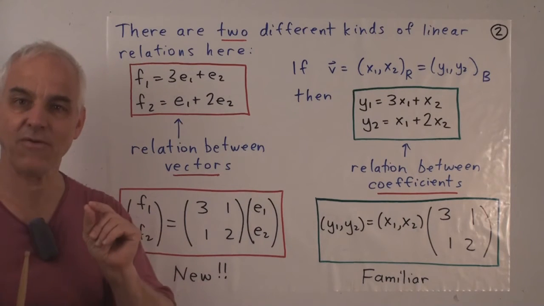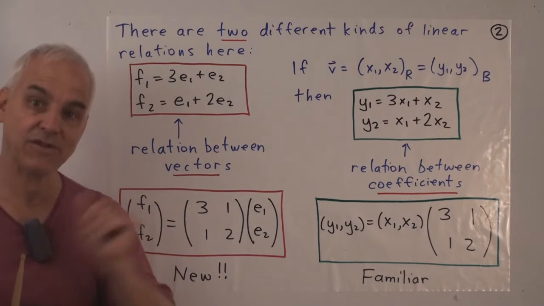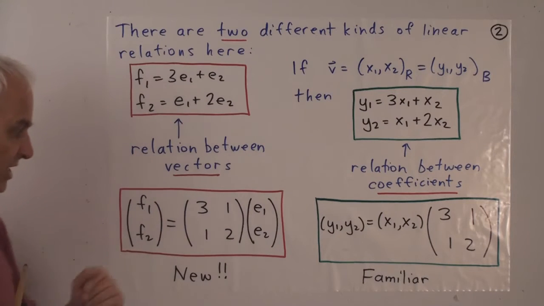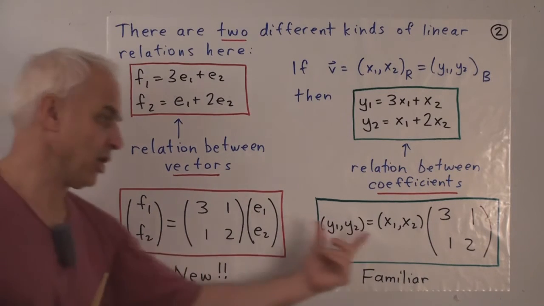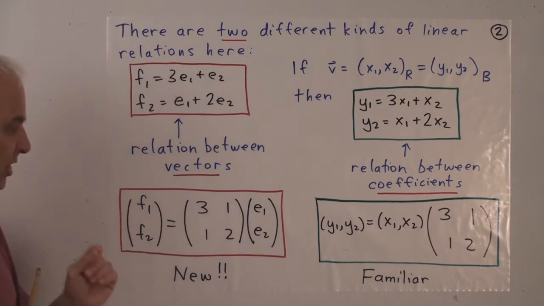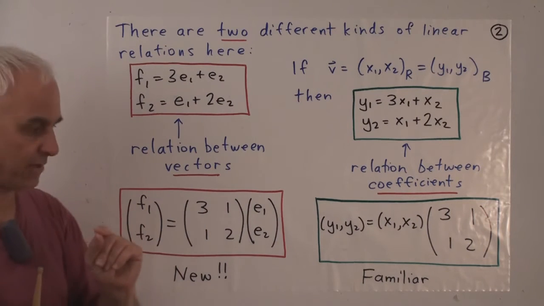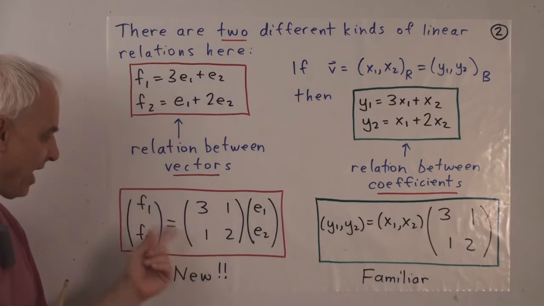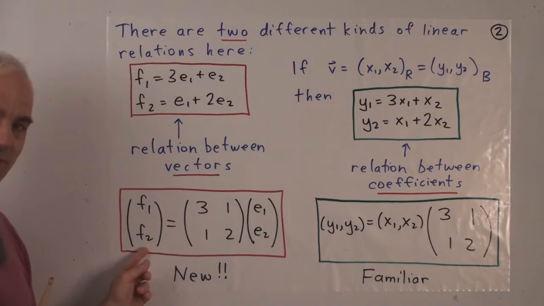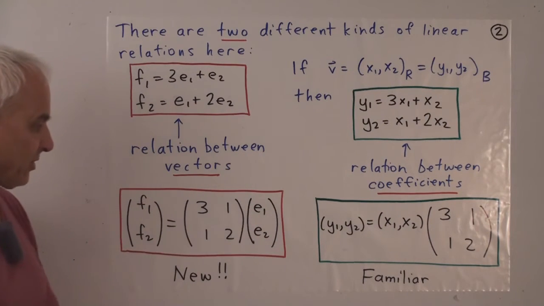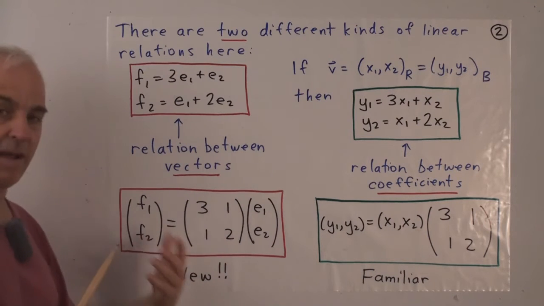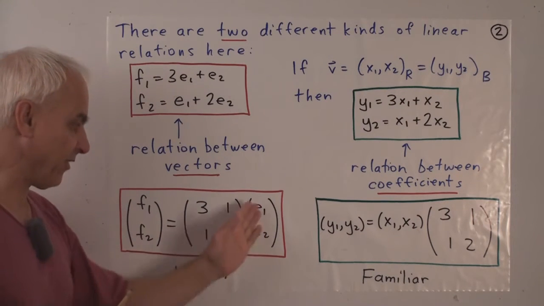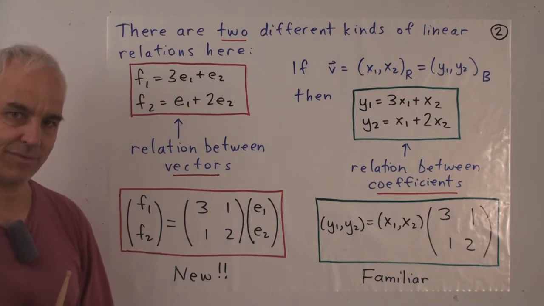They are themselves, in this case, vectors. So this kind of equation, even though it looks a lot like this equation, is actually of a fundamentally different kind. It's a relationship between a vector of vectors and another vector of vectors, with this matrix of numbers multiplying this vector of vectors.